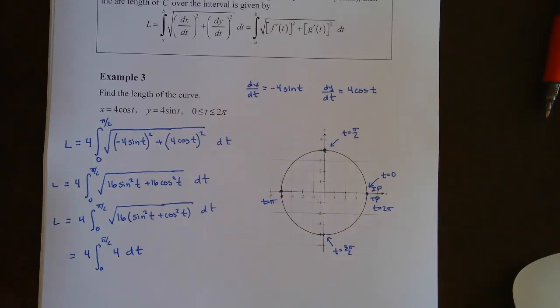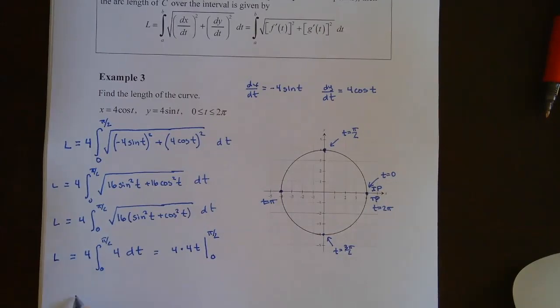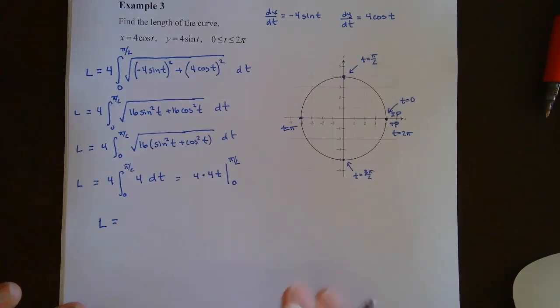And we can integrate this. Is this crazy? All right. So this is 4 times 4t evaluated from 0 to pi over 2, right? Okay. So that arc length, let me slide it up a little bit so you can see it. Glad I caught it. Okay.